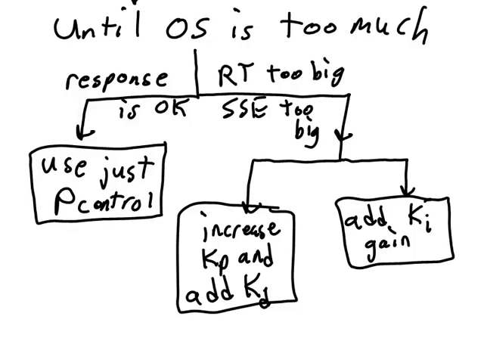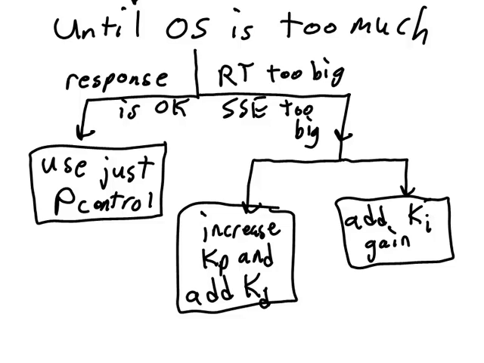This process of changing gains and watching the response until we get a good, desirable response with a fast rise time, low steady state error, and low overshoot is much of a trial and error process.